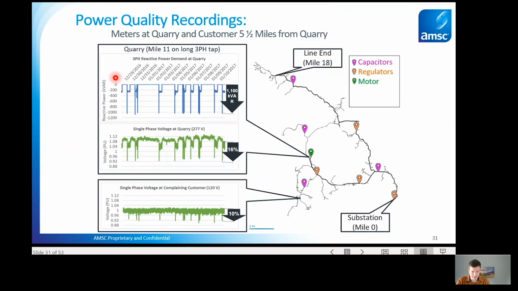As you can see with the reactive power and voltage recordings, each of those motor starting events has a corresponding large voltage dip, taken in this case at the secondary side of the quarry. Then approximately a few miles away, another power quality recording was taken at a customer meter that had nothing to do with the quarry. Not surprisingly, we see similar voltage dips happening at that customer. So the quarry starting a large conveyor belt was causing power quality issues for dozens of surrounding customers.